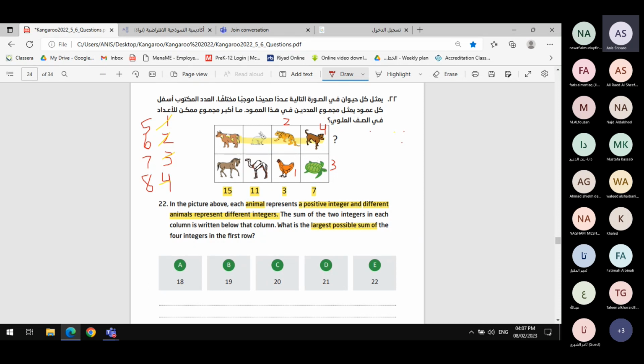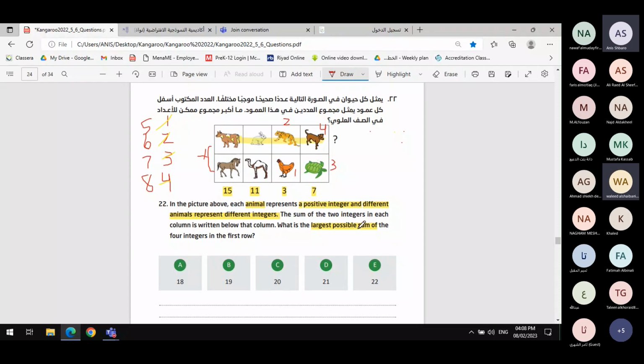What we are doing here is, first of all, we know that each animal has a number, a positive integer, and different animals have different numbers. So the tiger here, for example, if we assign the number 2, it means that no other animal will take the number 2 because the tiger took it, and the chicken took the number 1. And those numbers here are the sums of the two animals.